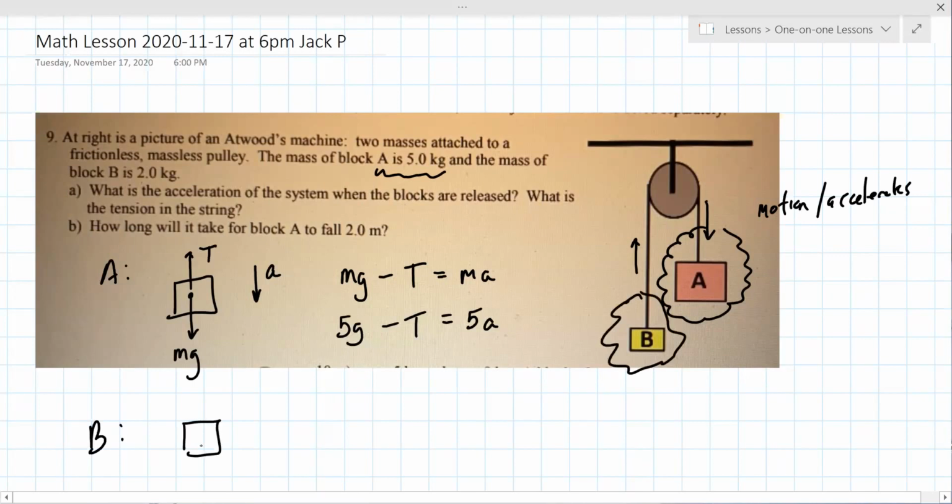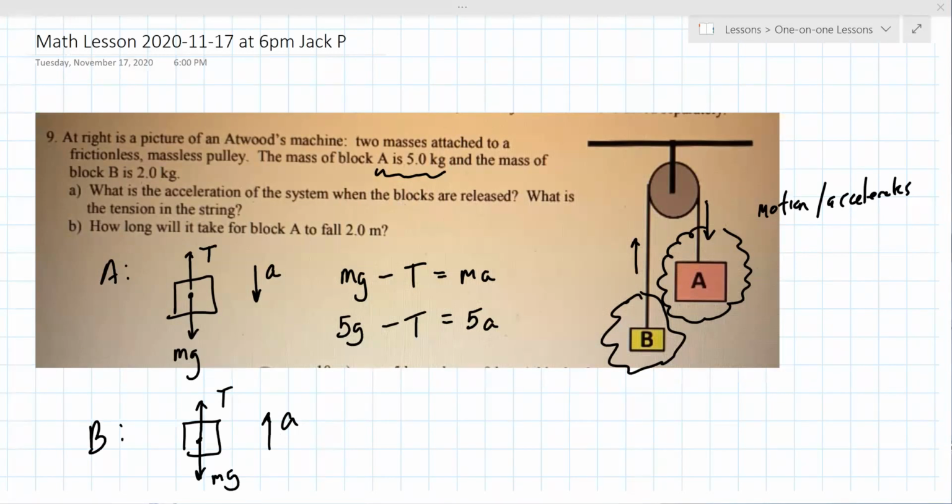And now we're going to do the system at B. So for B, you've got mg down again, you've got T up, but this time acceleration is up. So are the solutions similar?